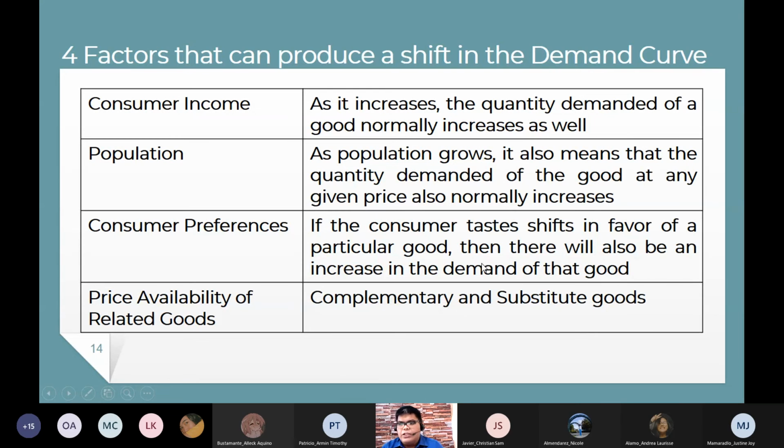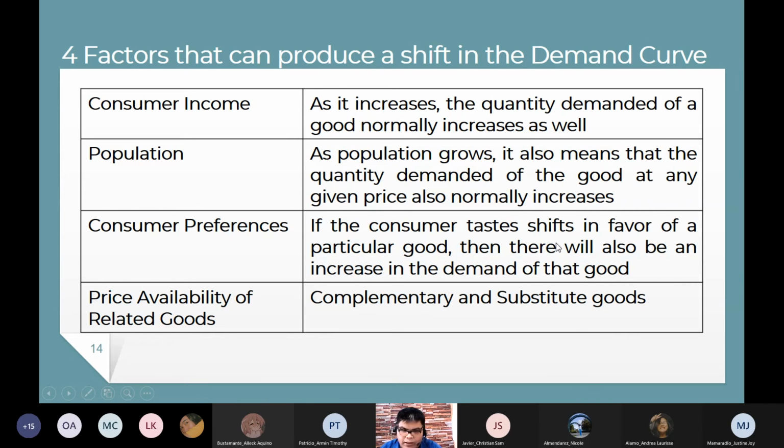Ngayon, ang nangyari, nahati yung market natin for coffee and tea. Meron pa rin naman umiinom ng mga tsaa. So, tumaas yung demand natin sa milk tea. Therefore, pag tumaas yung demand mo, tataas din dapat yung supply mo. There will also be an increase in the demand.